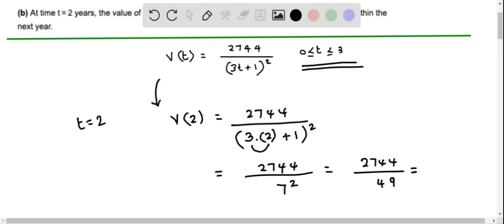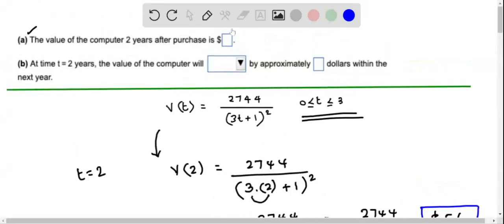And when we plug this into the calculator, we get 56, and this is in dollars. So this is the value of the computer after 2 years. So I can say this one is 56 dollars.